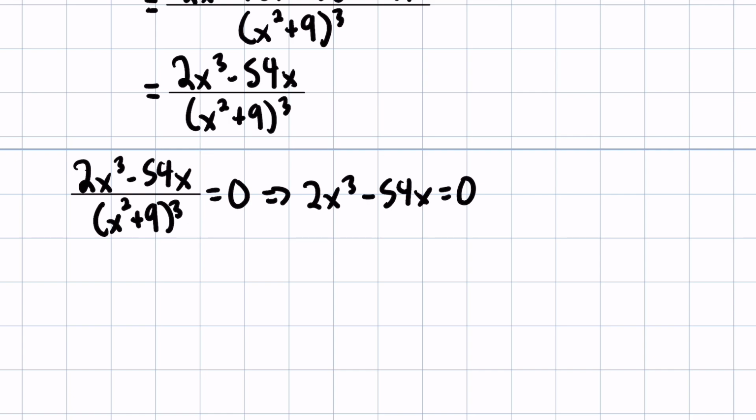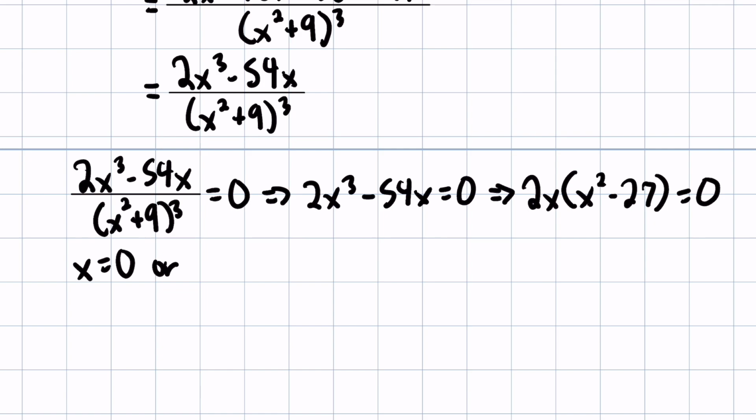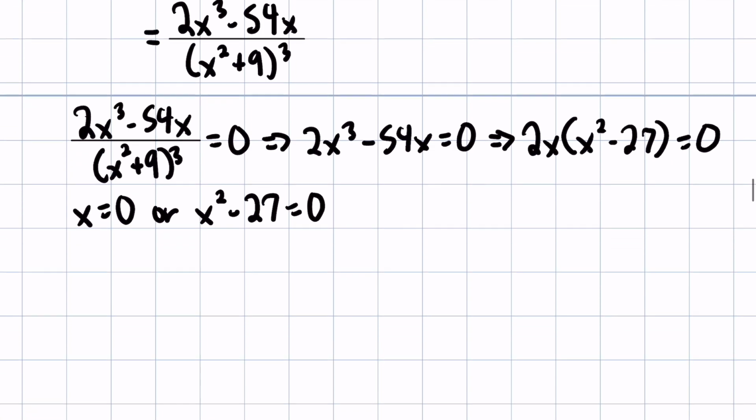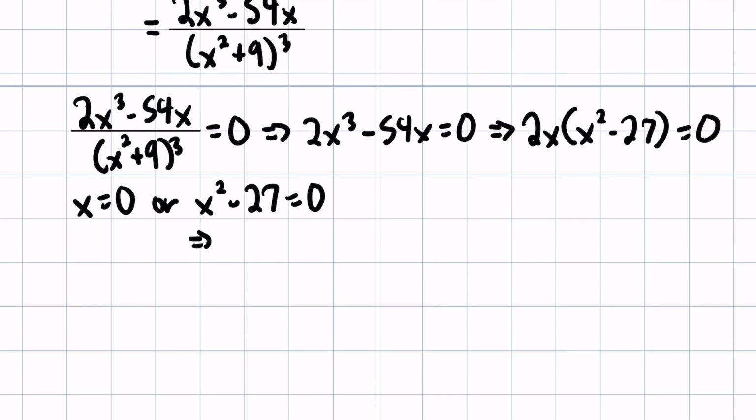So what I'm going to do here is factor out a 2x. So now we know we have either x equals 0 or x squared minus 27 equals 0. So that would mean x squared equals 27.